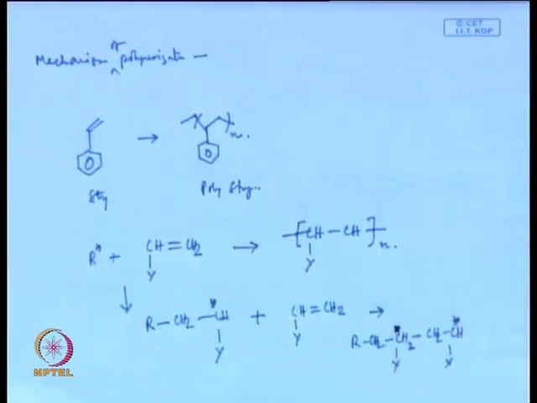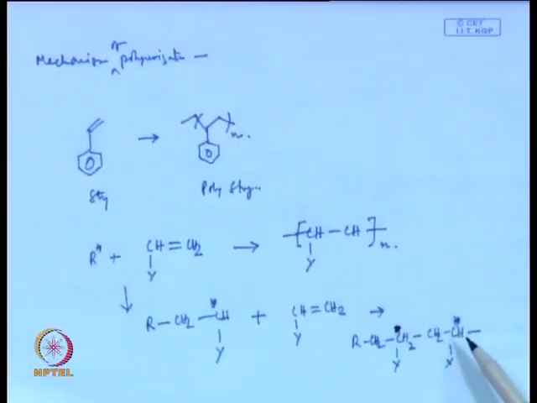Don't consider this dot. So, how is this polymer getting formed? You have an active center on which the next monomer is getting added, and the third monomer will be added there. So, this type of polymer is getting formed in a chain reaction.